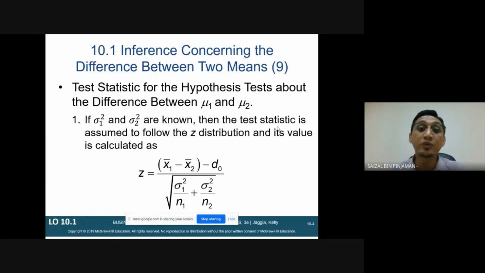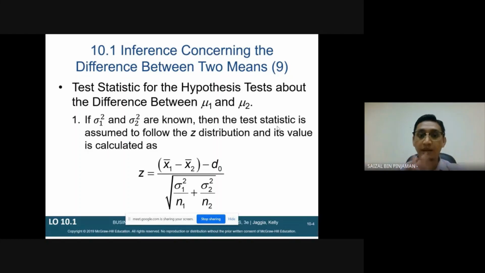We convert the x value into z value. That is used when we know the population standard deviation. But when you don't know the population standard deviation, in that case, you have to use the t value, in order to identify the probability.